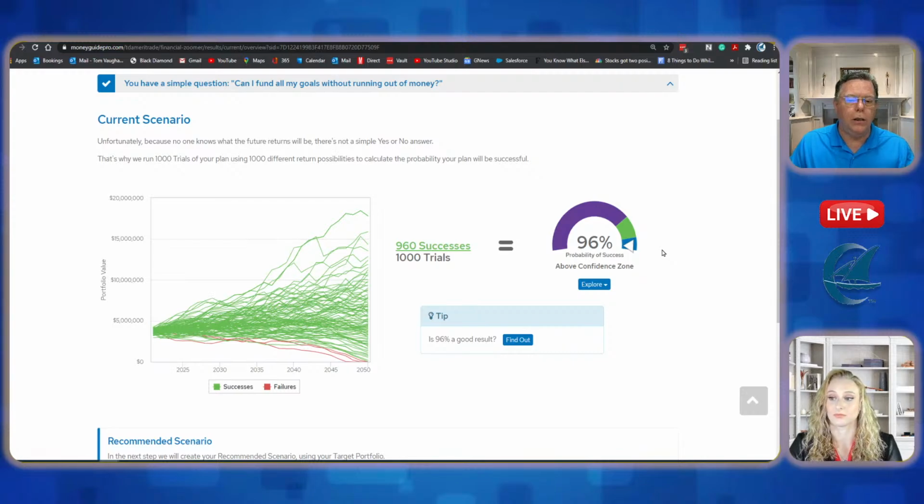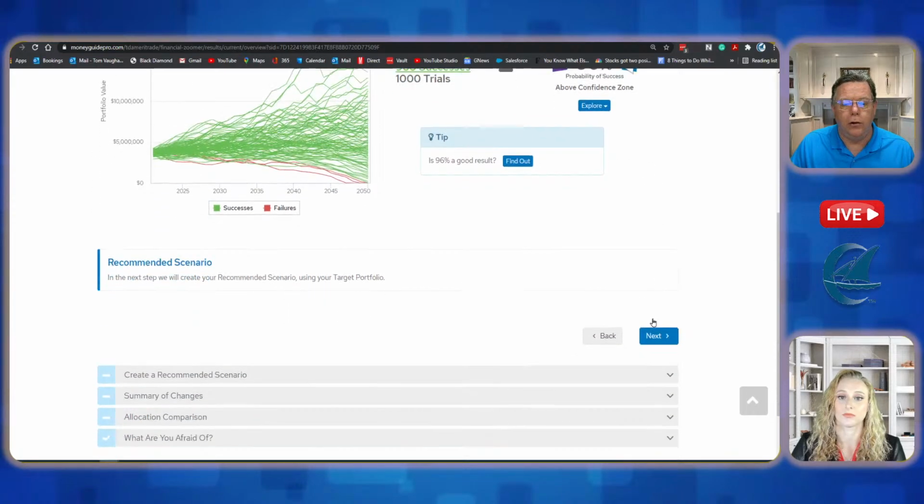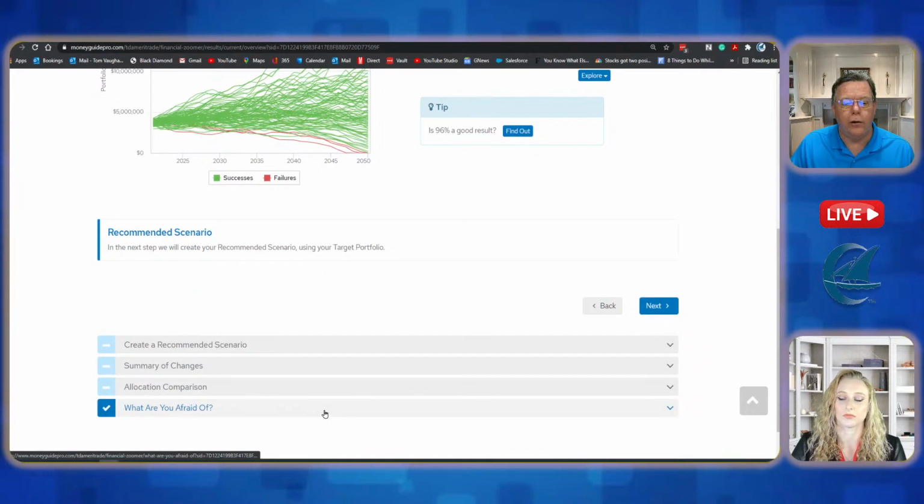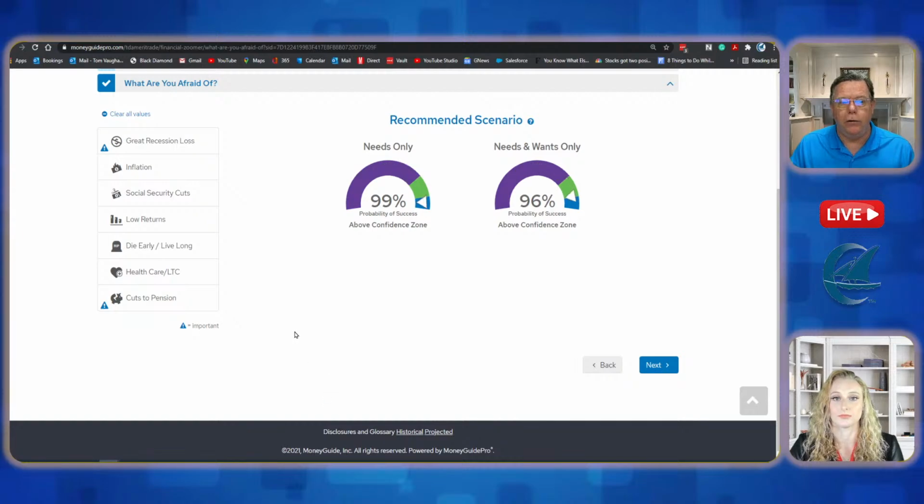So one of the things that we look at here is the structure of the current portfolio. How does it look overall? So not bad. 960 successes means that the structure is not terrible, but we do some additional pieces here where we do a little stress testing. So this is called What Are You Afraid Of? This is really fascinating because it's going to run through Monte Carlo simulation again, but based on different scenarios.